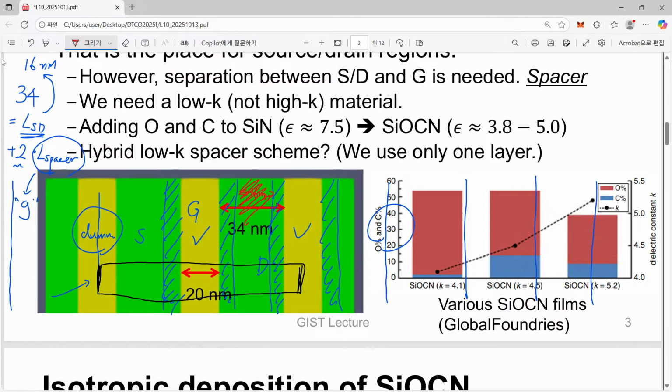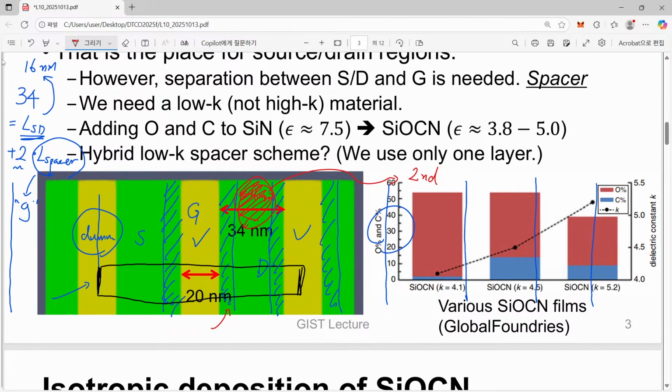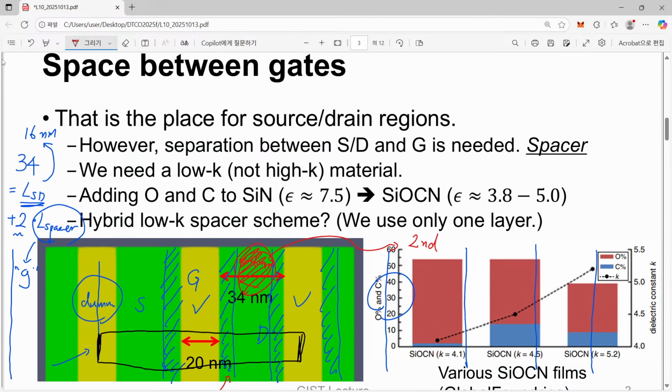So today, this one will be our second discussion, and first let's discuss this spacer. This is usually called a spacer, and we need a low K material. So sometimes we say high K, low K, and please understand this K originated from the Greek letter kappa.